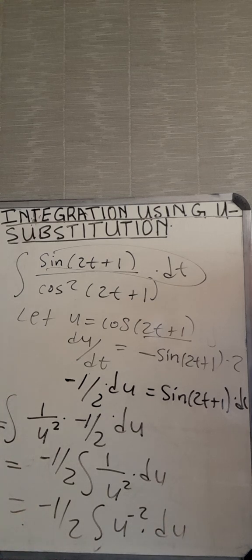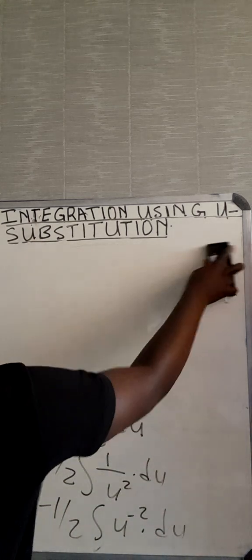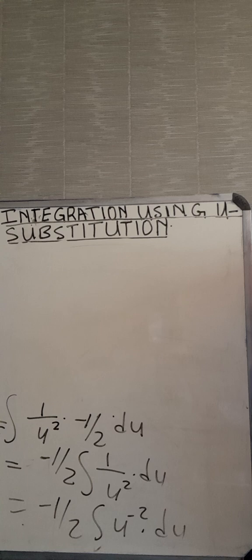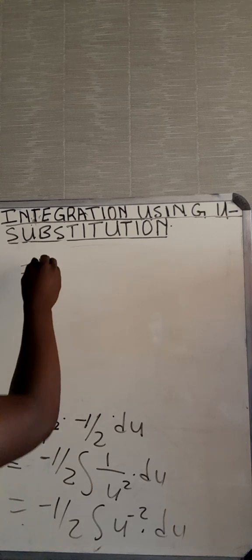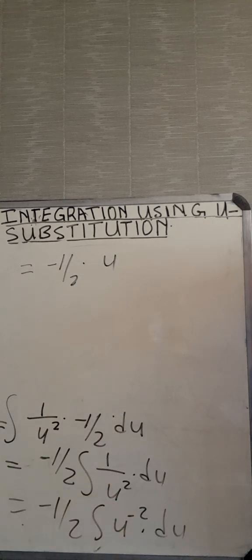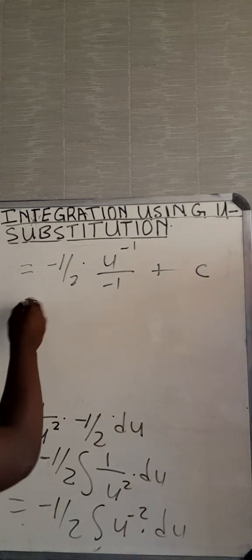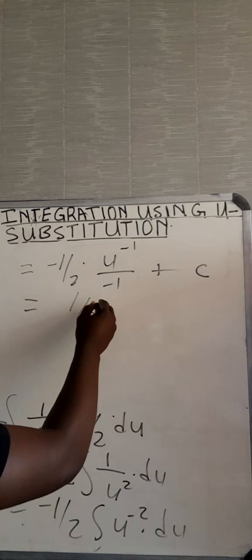So this will be equal to minus 1 over 2 times u, we add 1 to the exponent to be minus 1, all divided by minus 1, then plus c. So this will be equal to 1 over 2 times 1 over u plus c.